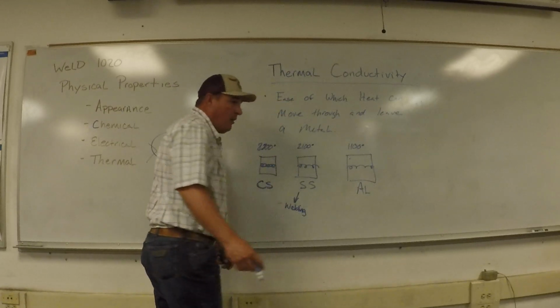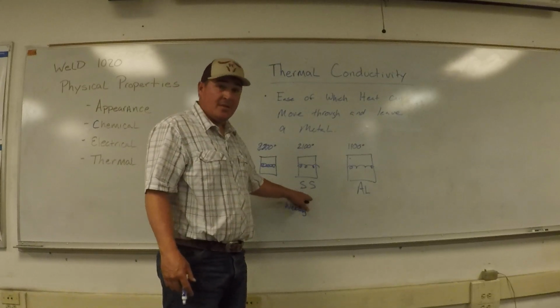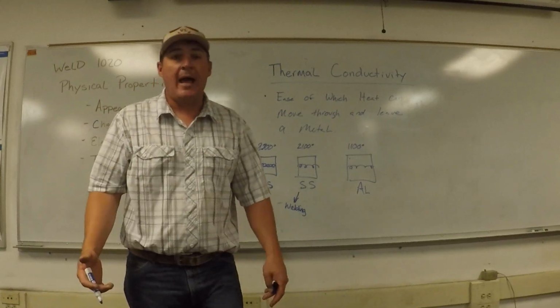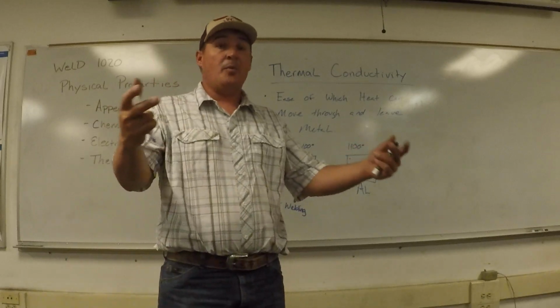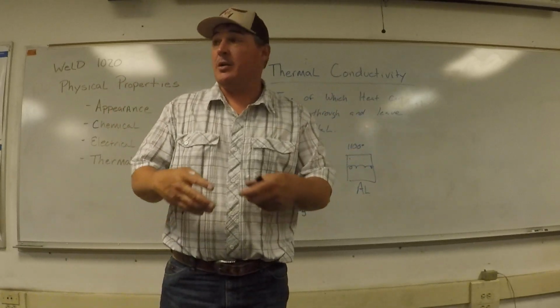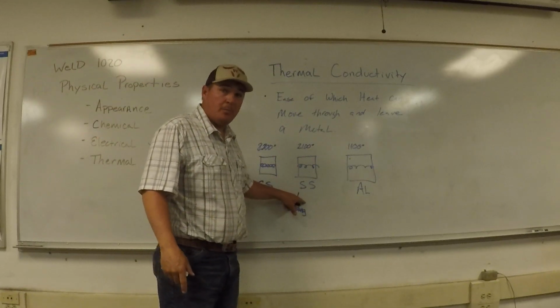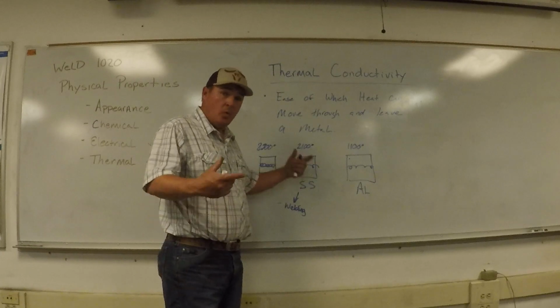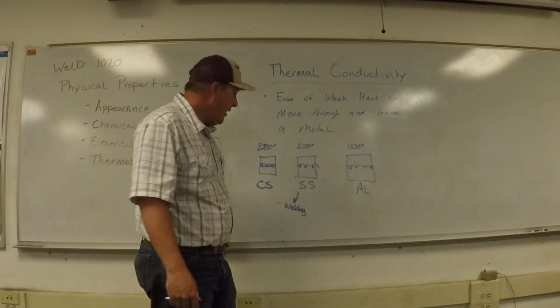Maybe shielded metal arc welding is not the most desirable welding process for stainless steel. Can you weld it with stick? Yeah. But if it's thin metal, maybe stick isn't the right process. Maybe you should go to TIG or a MIG application. Sometimes they will switch the welding process because of the warpage and distortion issues caused by thermal conductivity, right?